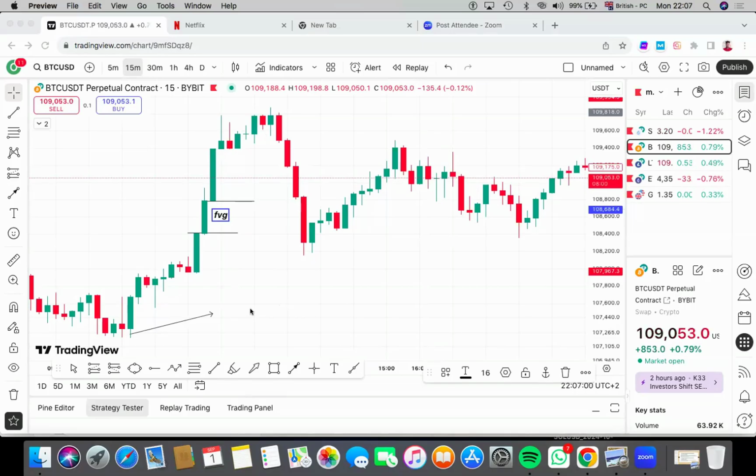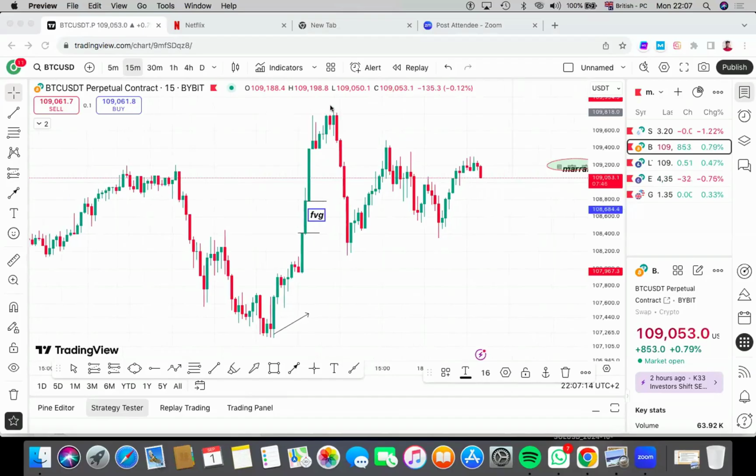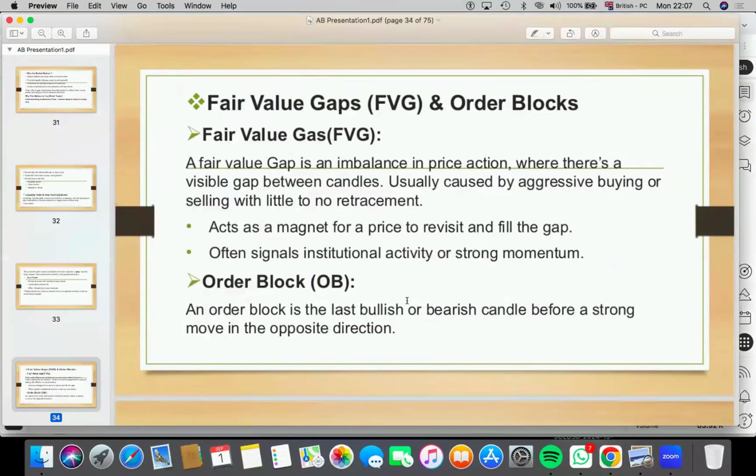The direction the market wants to go is an uptrend, but firstly they take out the liquidity up here, and then later come back to pick up orders before they push strongly to the upside. So now let's go back to the slide.